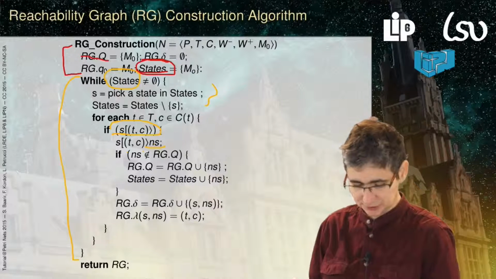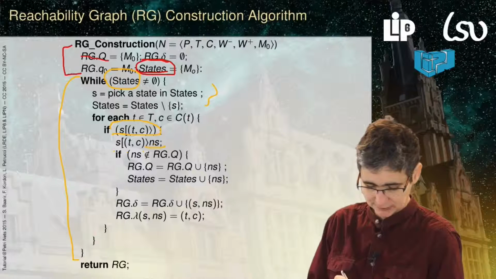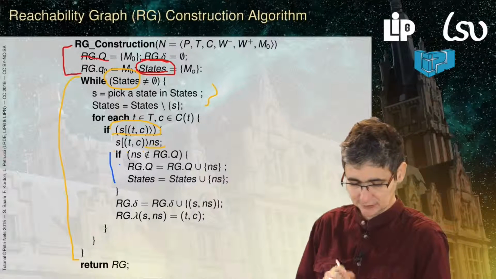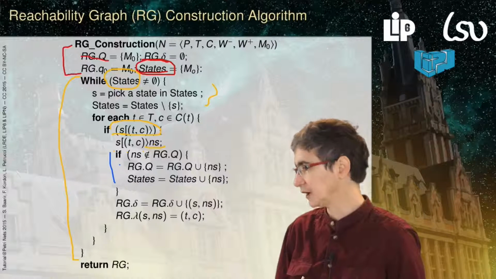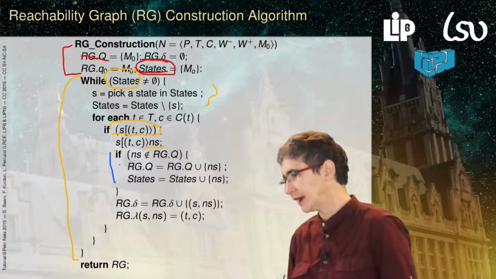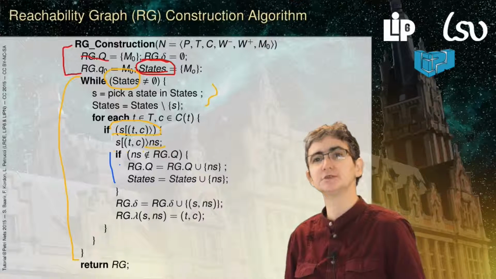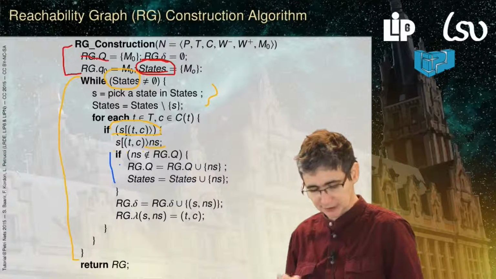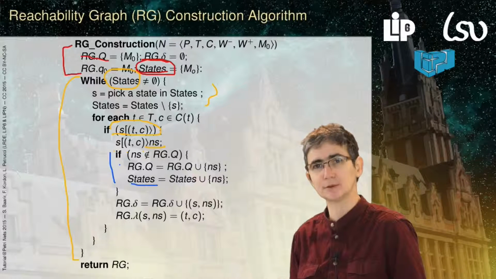Otherwise, it's not in the reachability graph, and that is this part. You add the new state here to set Q, and this new state also has to be handled afterwards by the generation. So it is added to the set of states that will be handled.